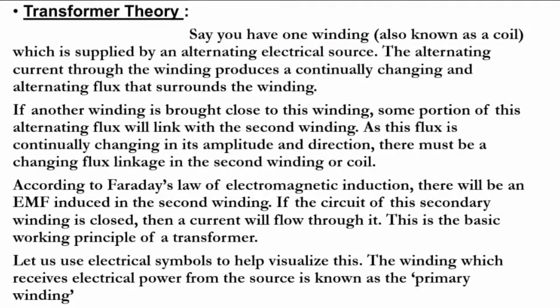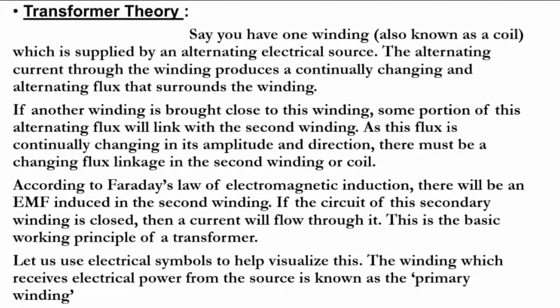Transformer theory. Say you have one winding, also known as a coil, which is supplied by an alternating electric source. The alternating current through the winding produces a continually changing and alternating flux that surrounds the winding. If another winding is brought close to this winding, some portions of this alternating flux will link with the second winding.